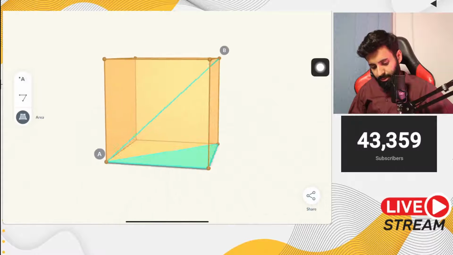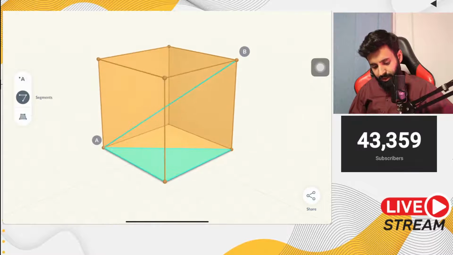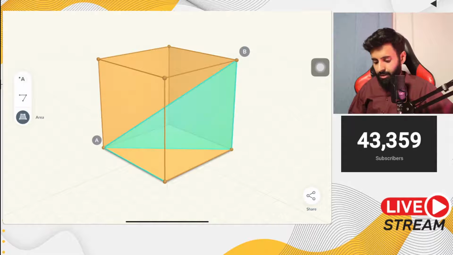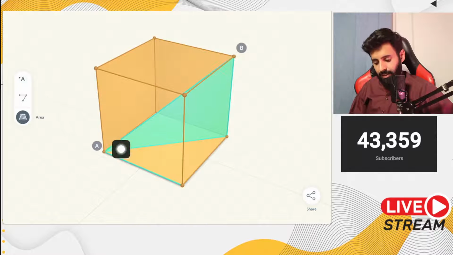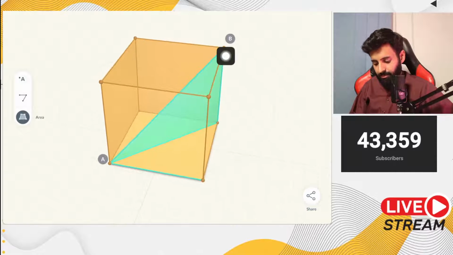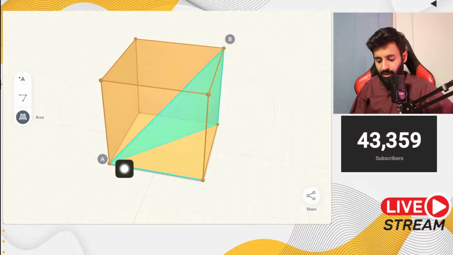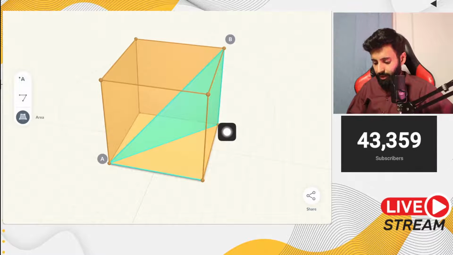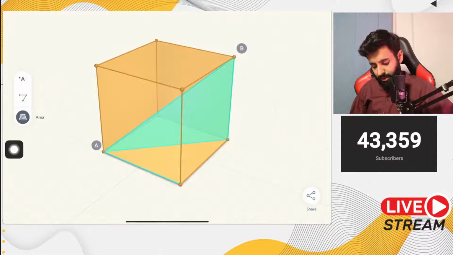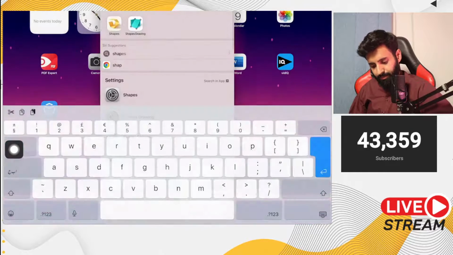Then let me remove the other triangle, and you can use the triangle that I'm now highlighting to find the 3D diagonal. Again you'll do square of the diagonal of the base plus square of the height inside the square root, and that's it. You'll get your answer.